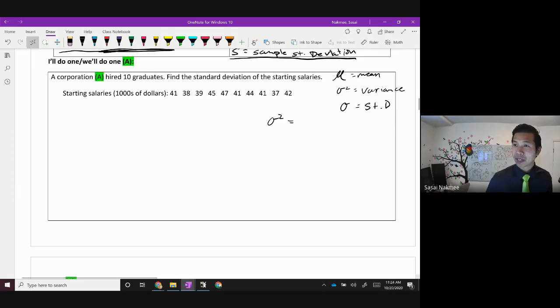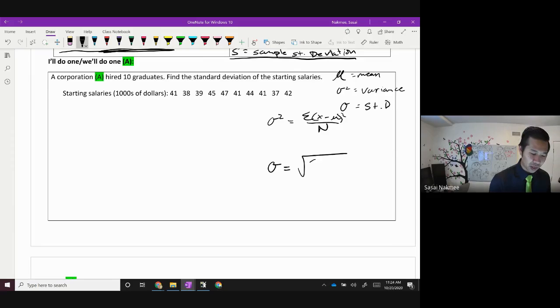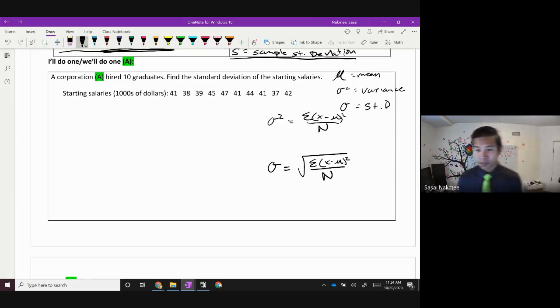Let me write this down so we can take a look at it. It's the summation of x minus mu squared over capital N. And sigma itself, the standard deviation, is going to be the square root of that answer, the square root of the summation of x minus mu squared over N. This looks crazy, but let's do it piece by piece.